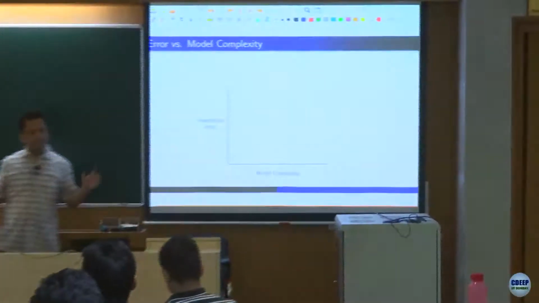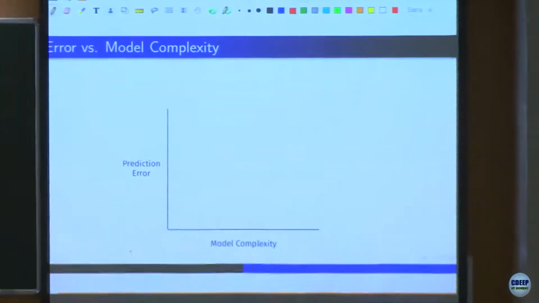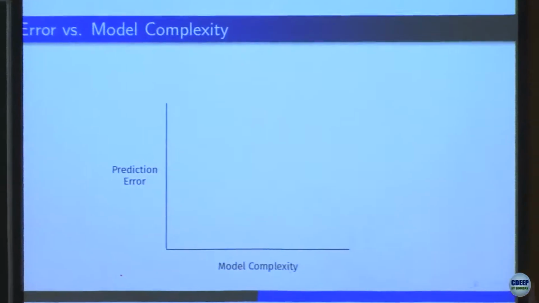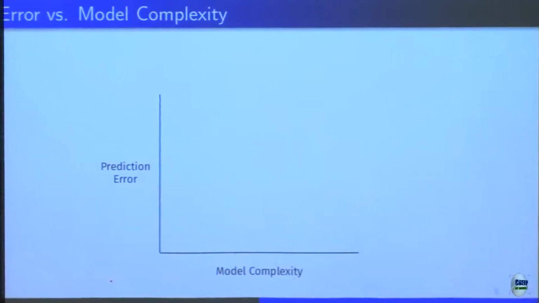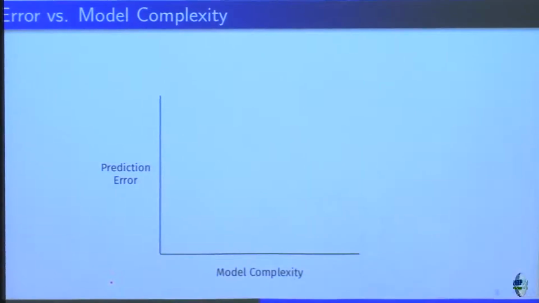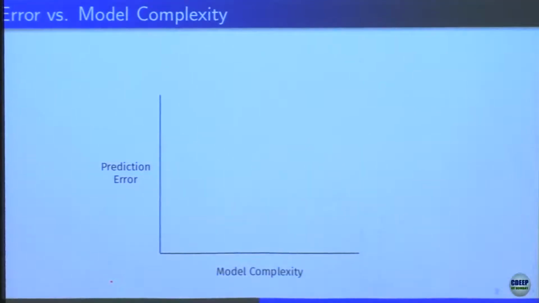Okay, so in general, what do you think the plot of prediction error versus model complexity will look like? I want you to think. Think openly, apply whatever intuition you want about the x-axis. Model complexity could be, for example, the degree of the polynomial.